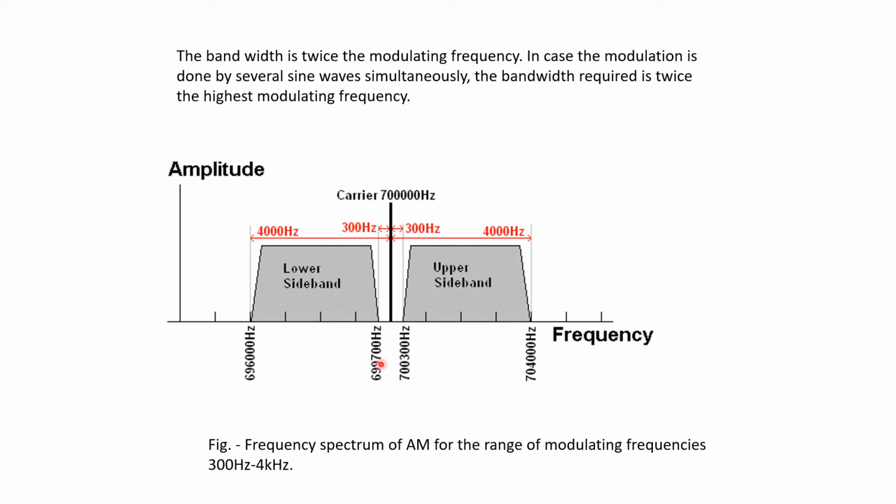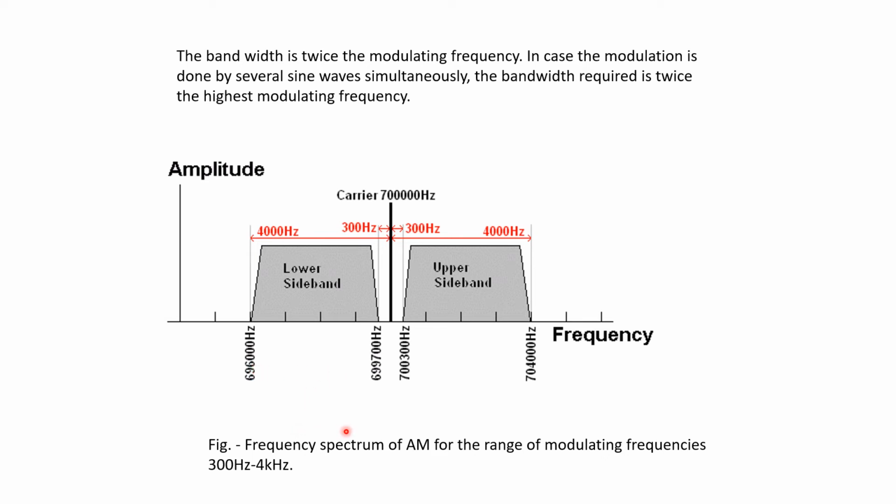So to calculate the lower sideband, we take the carrier as 700 kilohertz. 700 kilohertz minus 300 hertz is the limit of the lower sideband, and then 700 kilohertz minus 4000 hertz gives the other limit of the lower sideband.